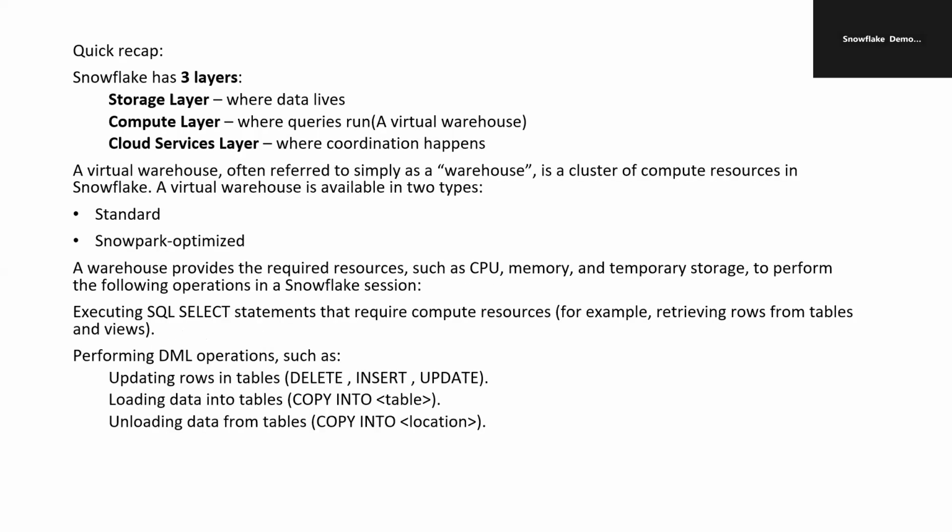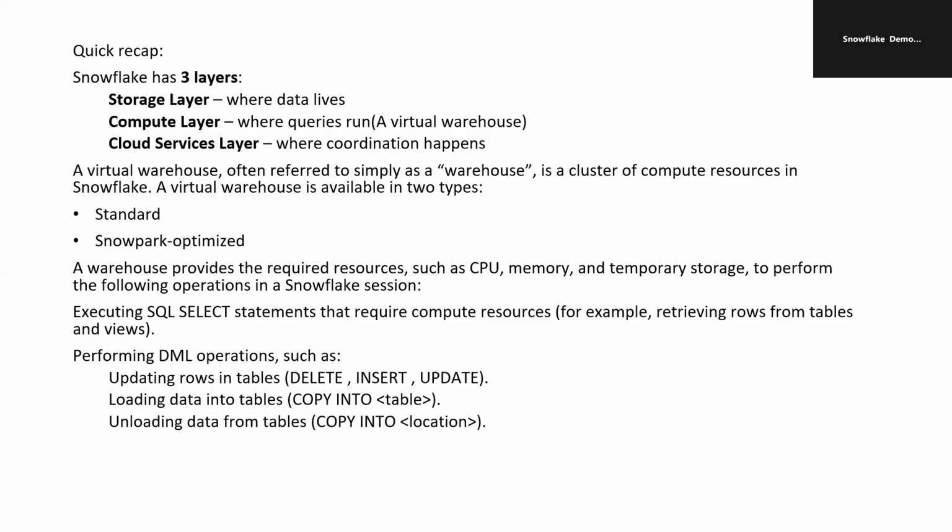So, a quick recap: we have three layers. The storage layer is where data lives, the compute layer is where queries run. How will the queries run? Via a virtual warehouse. The cloud services layer is where coordination happens between all of this. That's the brain, and the compute layer is called the muscle.